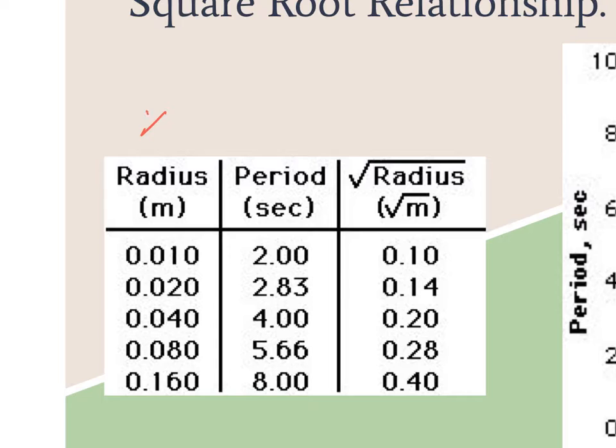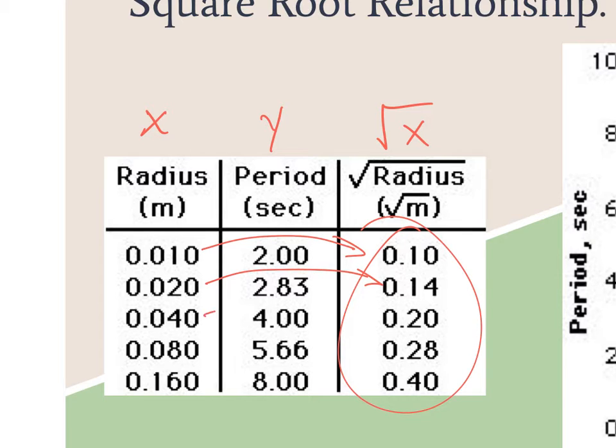And then similarly to our previous relationships, if we're going to linearize it, we're going to start with our x variable. Here's our y. We're going to take the square root of our x. So again, I have to do some calculations. And each one of these here is the square root of the actual x variable.